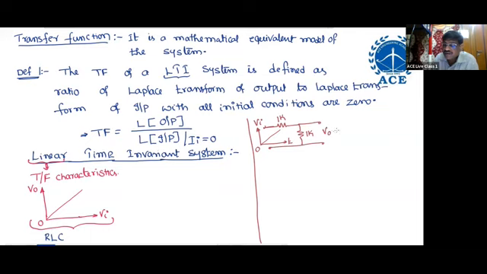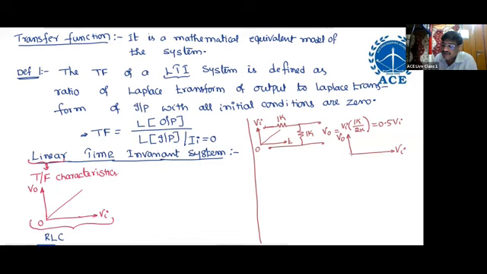V naught equals Vi into 1K by 2K, that is, impedance across output by total impedance. Total impedance is 2K. So that means 0.5 times Vi. If I draw the transfer characteristics, V naught versus Vi, what happens?